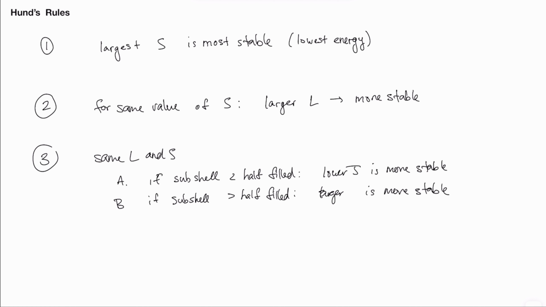All right, so let's do two quick examples. First, let's talk about the term symbols for beryllium as an excited state.